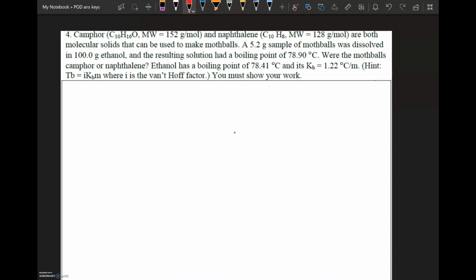So delta T is equal to 78.9 degrees Celsius. We're going to subtract from that 78.41 degrees Celsius.